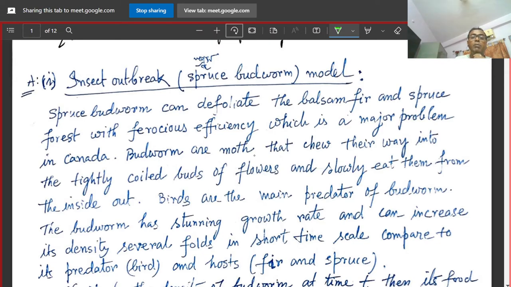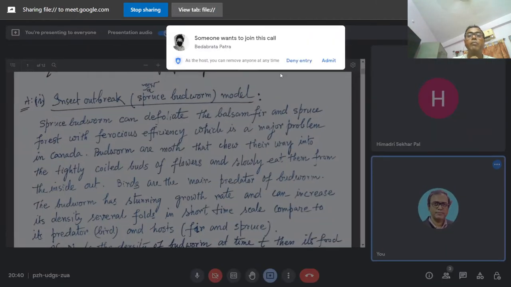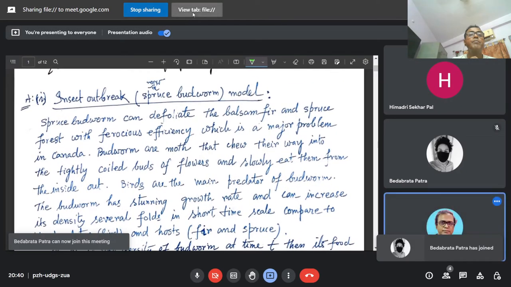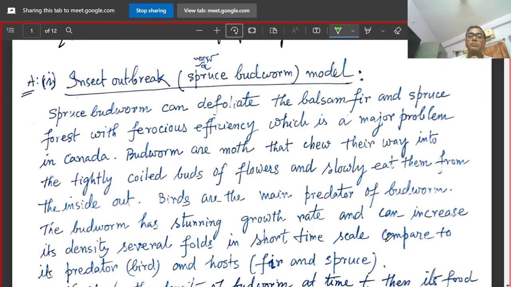Budworm are moths that chew their way into tightly coiled buds of flowers and slowly eat them from inside out.